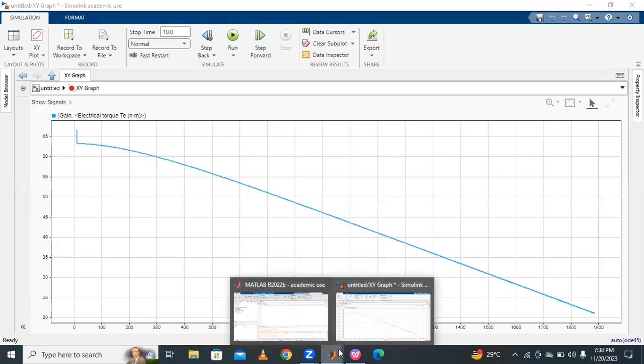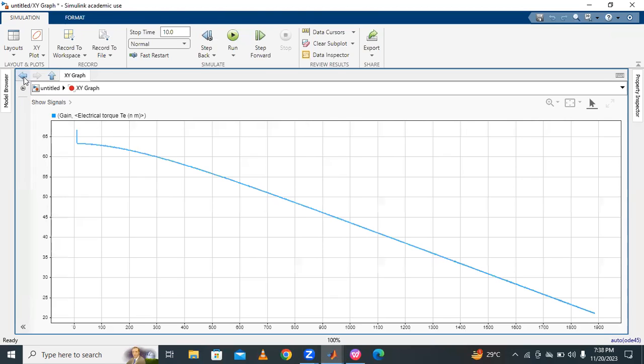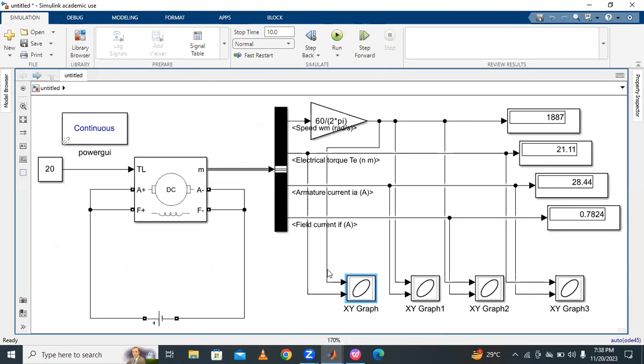Okay, then here the x input is connected to speed in RPM, 1887. The x-axis is speed, so I am changing it like this.